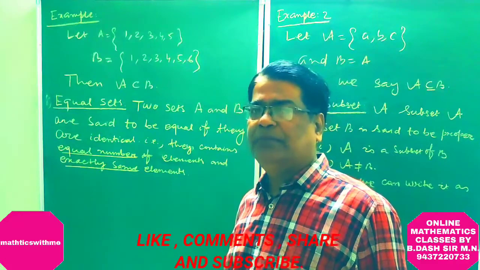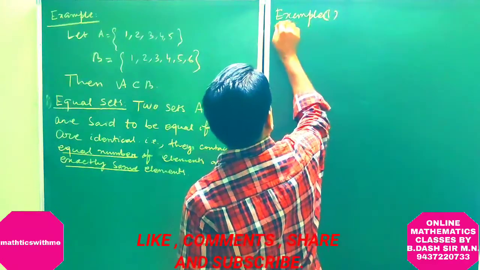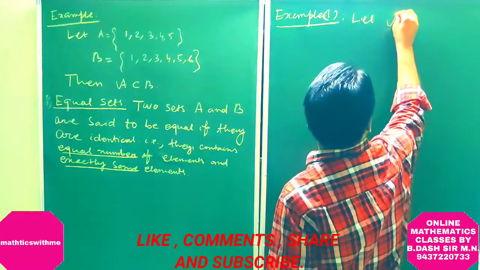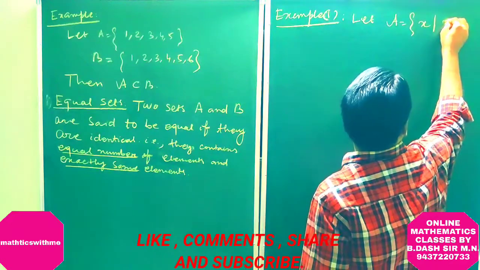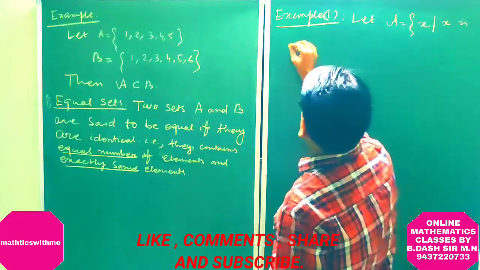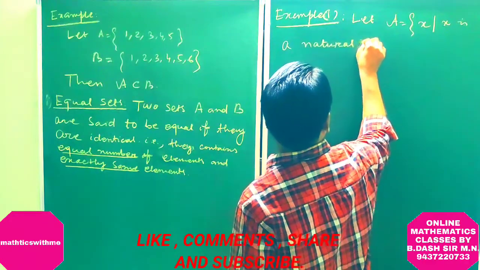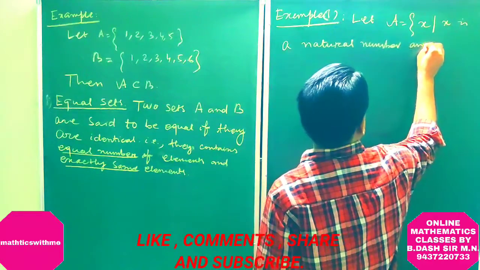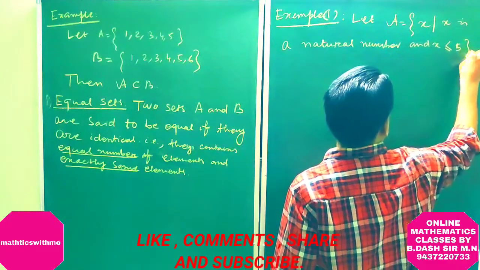Now, examples. Let A is equal to {x such that x is a natural number and x is less than or equal to 5}.